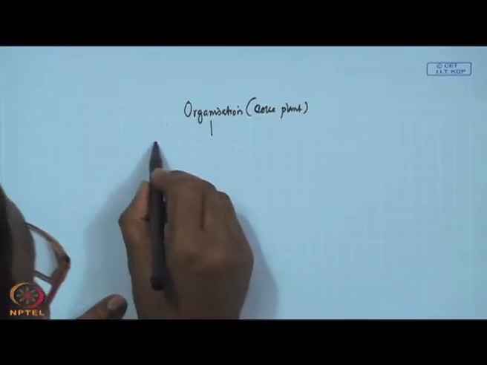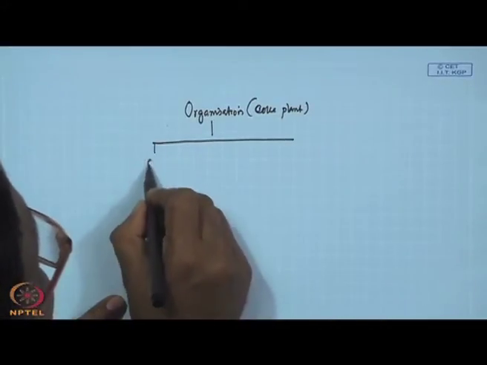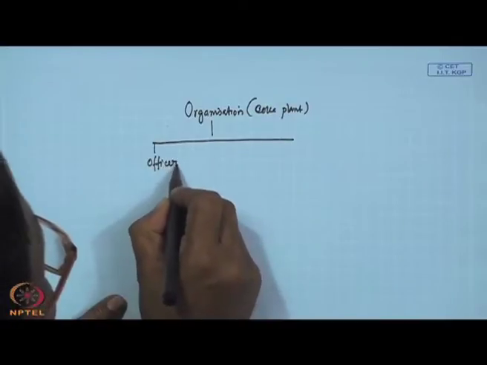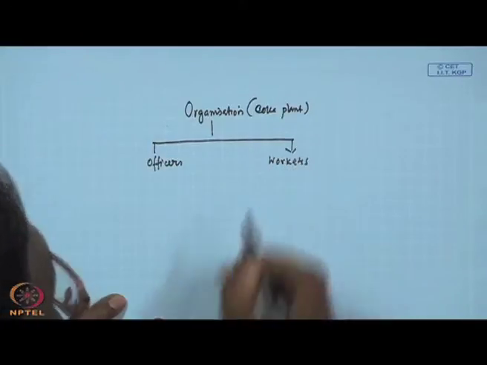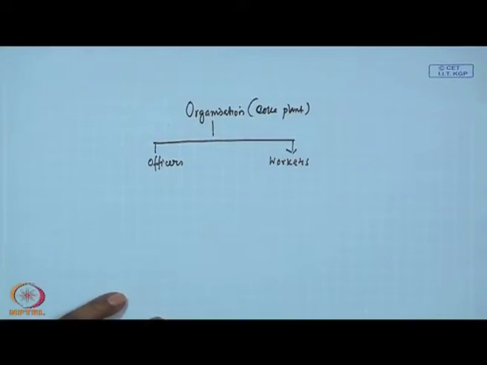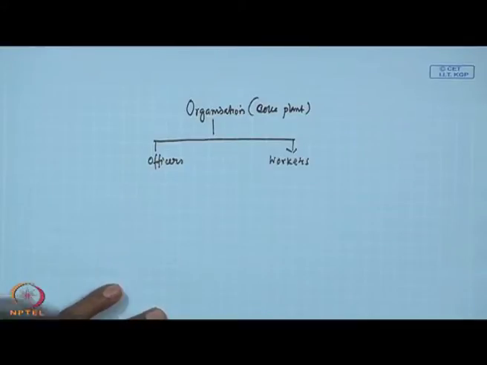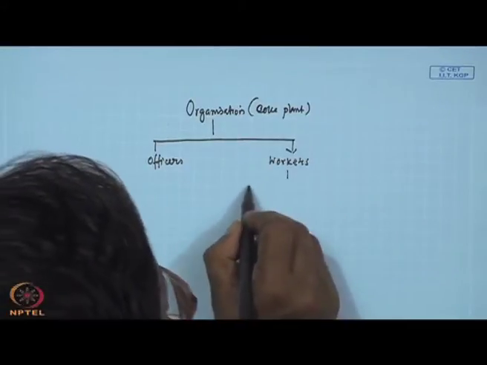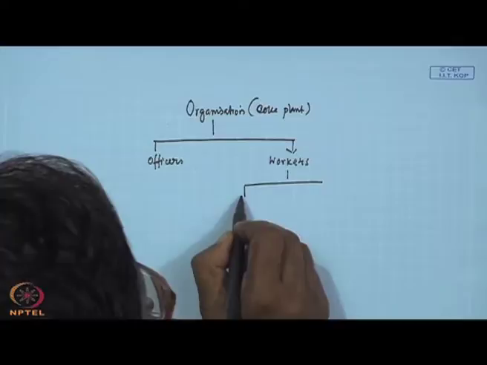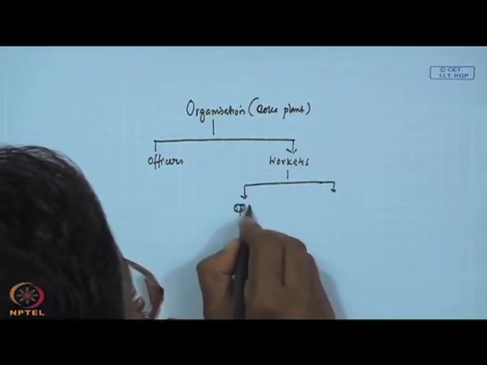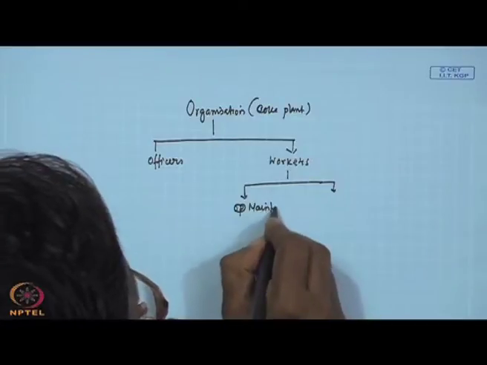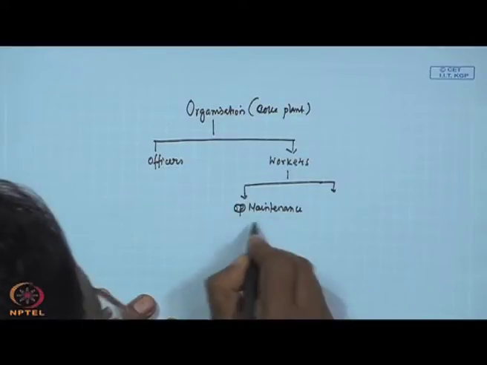Then what we found out is that there are officers and shop floor workers. So, we are writing like this: officers and shop floor workers. Then in shop floor workers, there are maintenance workers and operations workers. This way we have designed.